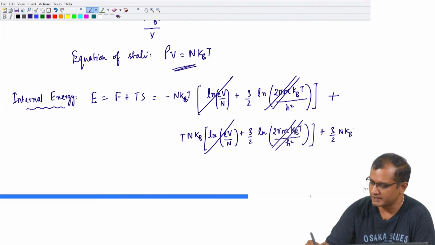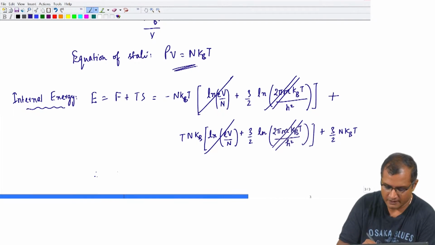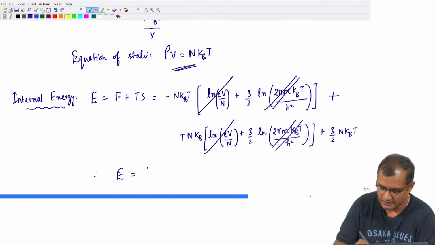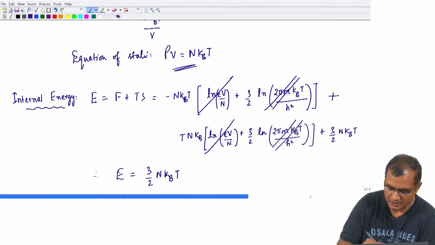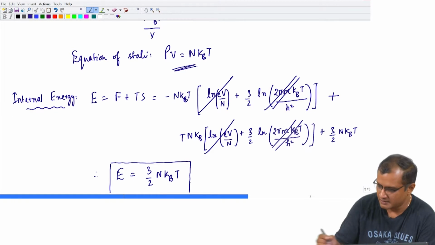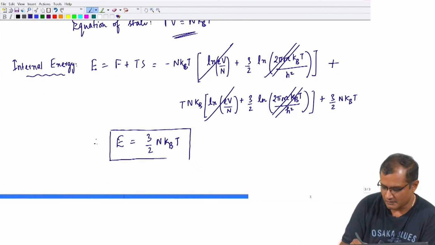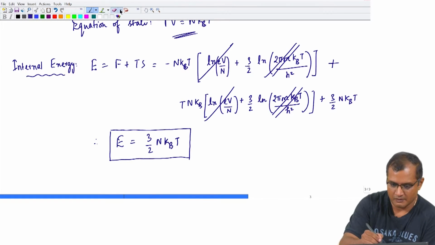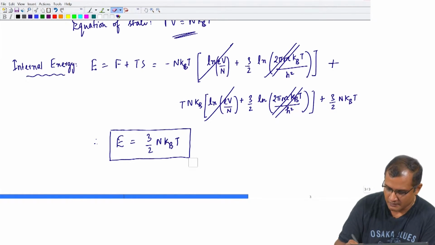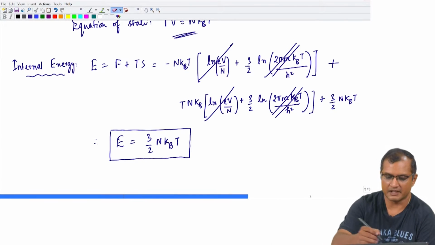Here I need to multiply by T, because this is TS. Therefore, I can write down E as 3/2 nkT. So, this is another important result in the context of the ideal gas. This is the internal energy of the ideal gas.